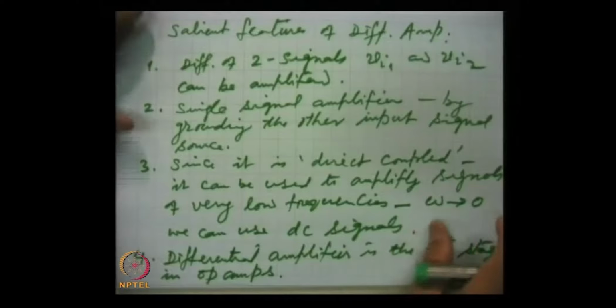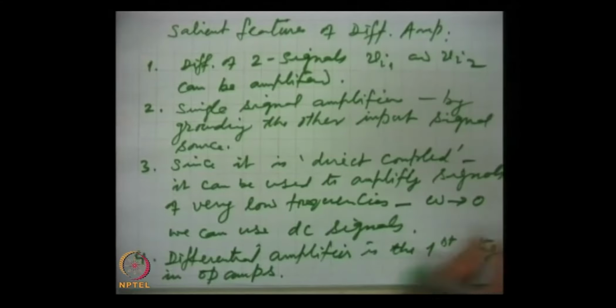And then there are other features also. For example, as we will see, the input impedance of differential amplifiers is very high. It is several hundred kilo ohms or even meg ohms, in spite of the fact that we construct them using bipolar transistors.